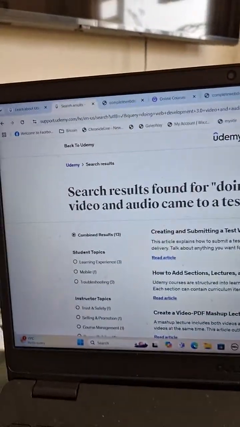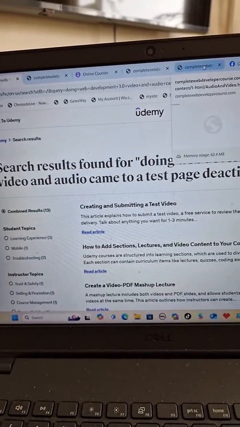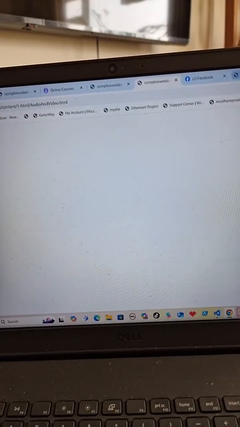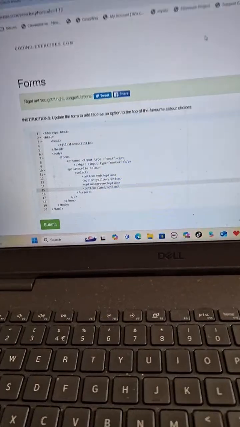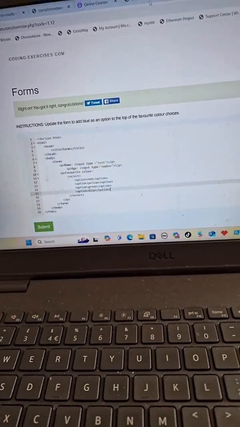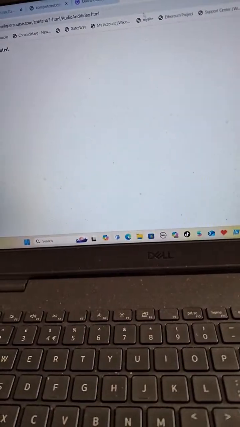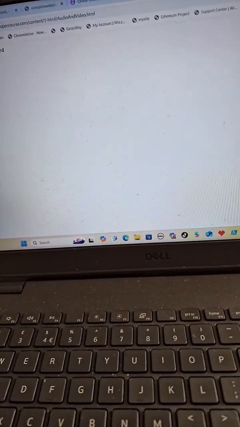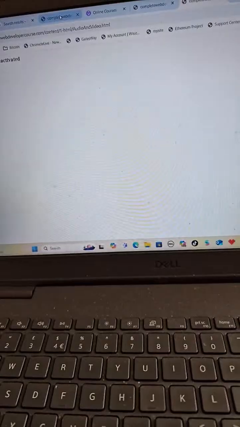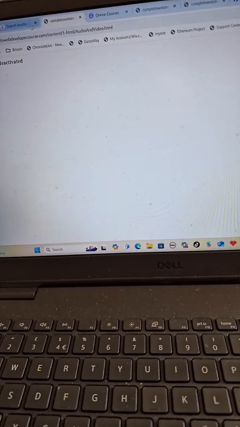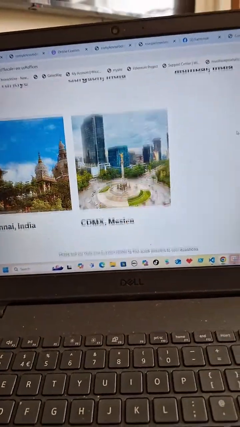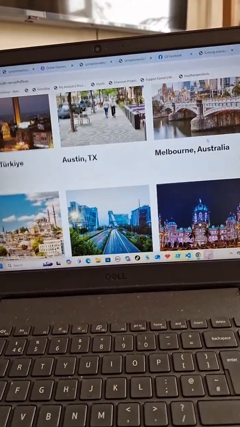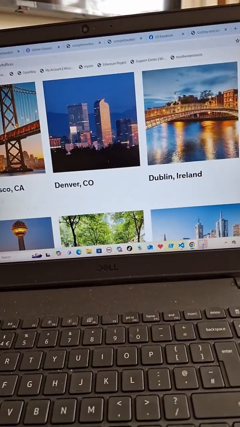So we have that one there, and we have that one there. They're both the same. And the page I was just looking at was contact for the nearest one to us is Ireland.